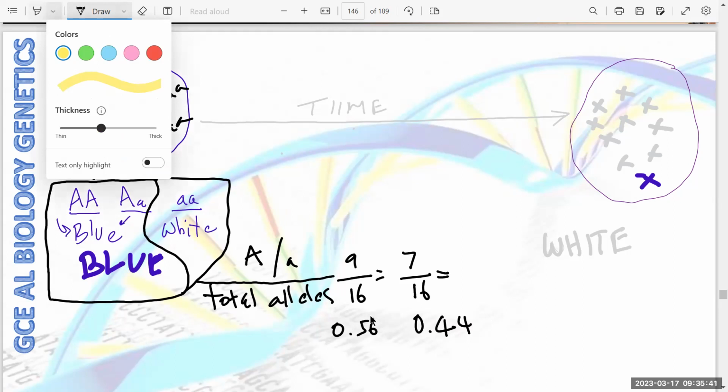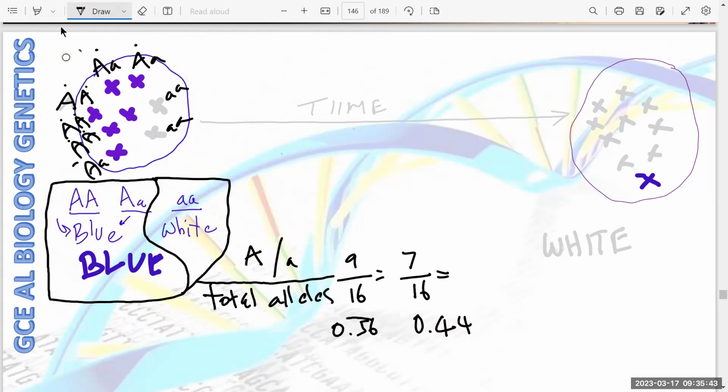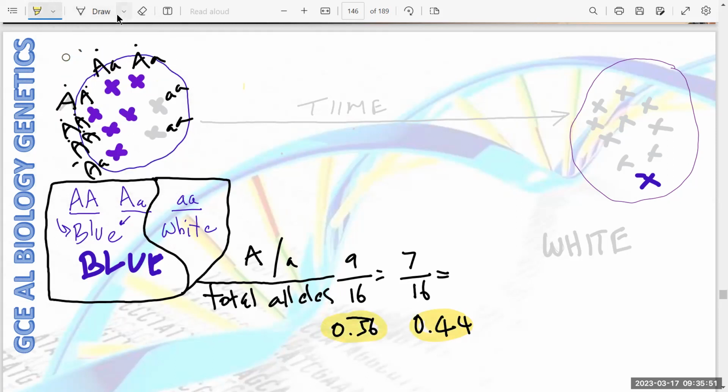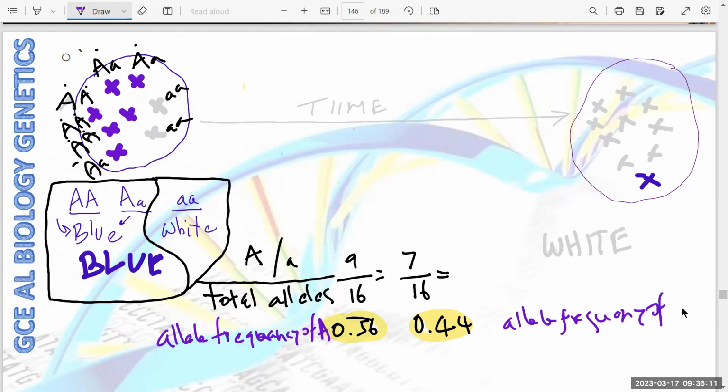Okay, now this number, this one and this one, we express as allele frequency of capital A, and this one as allele frequency of small a.